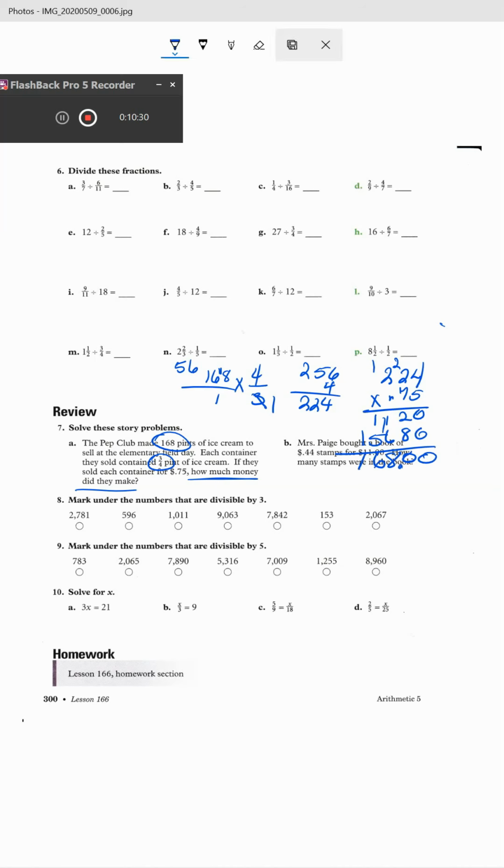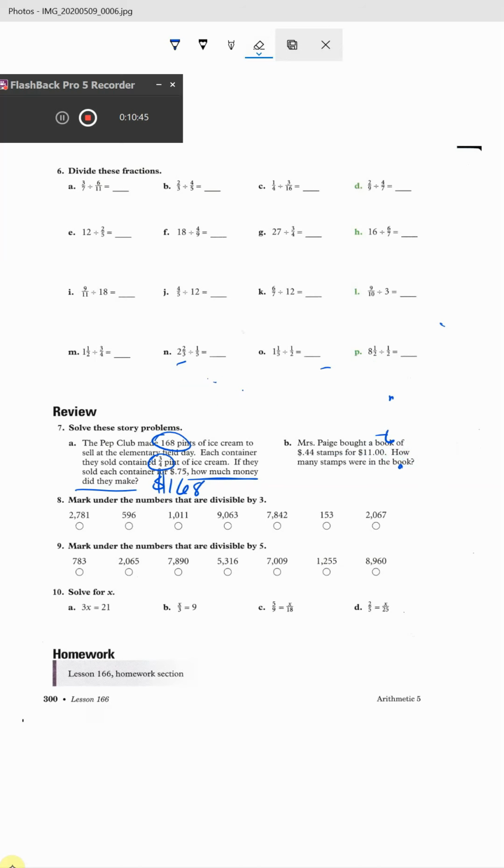According to my calculations, they made $168. Let me see if I'm right. I am right. $168. Get all this out of my way. All right, let's try the next one.